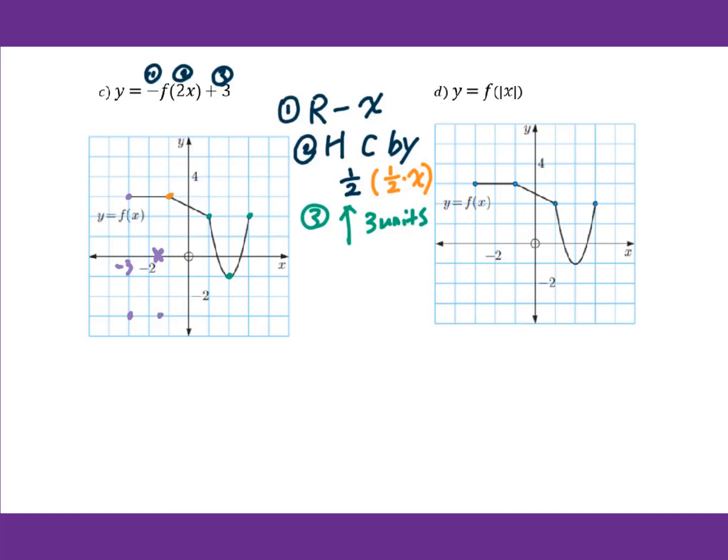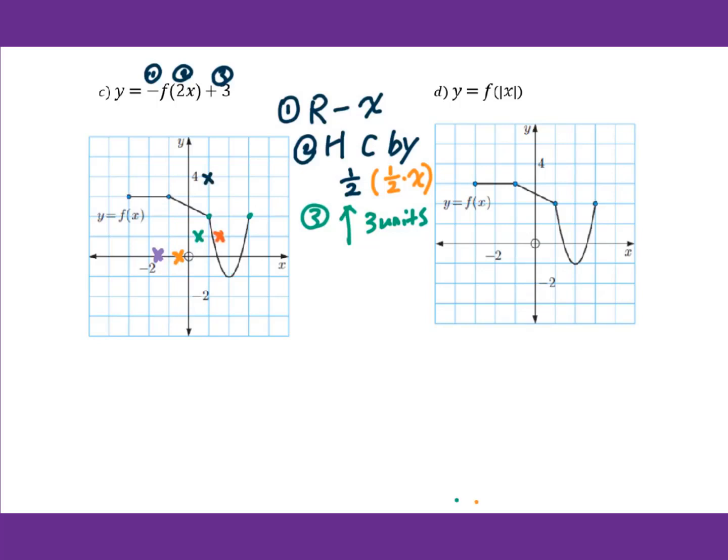Now for the second points, reflect across the x-axis and divide your x coordinates by 2. Let's go here. Then go up 3 units. Go here. You will get the final points like this.